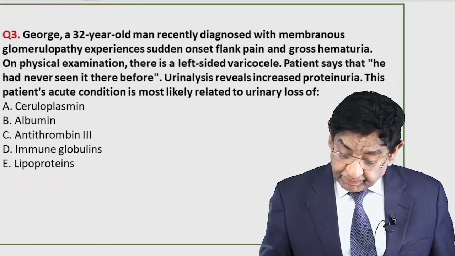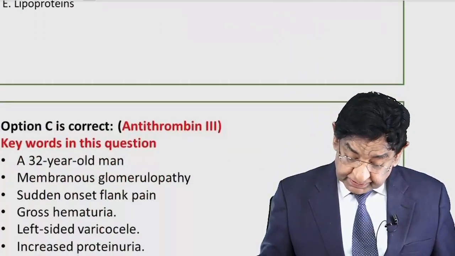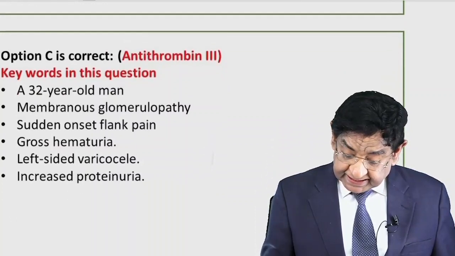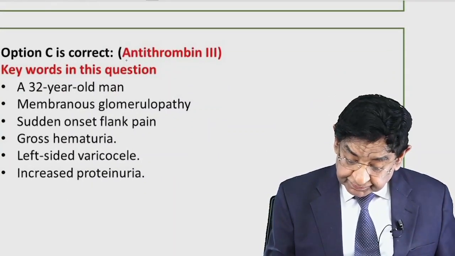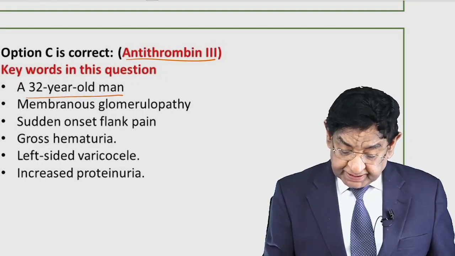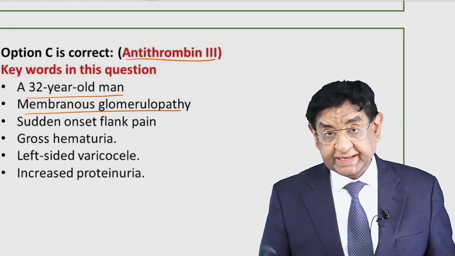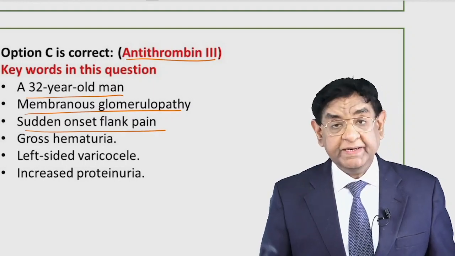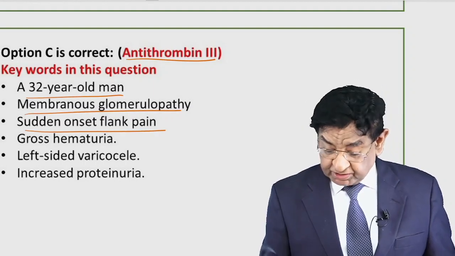Question 3. The correct answer is antithrombin 3. I think we discussed this in detail. A 32-year-old man with membranous, already there. Sudden onset of flank pain indicates renal vein thrombosis.